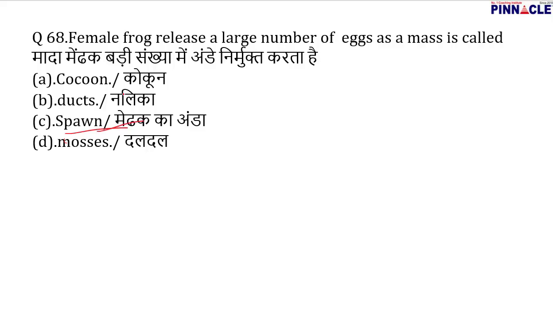In case of frog, external fertilization takes place. That is, the fertilization, the fusion of male and female gamete, does not take place inside the body of the female frog, but outside the body of the female frog. That type of fertilization is said to be external fertilization. The large mass of eggs released by the female frog is called spawn.